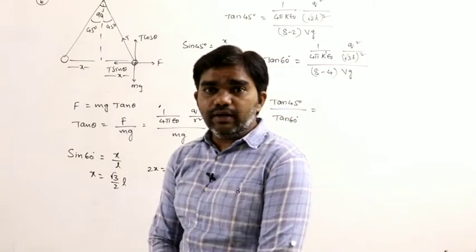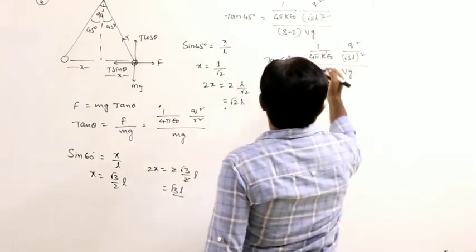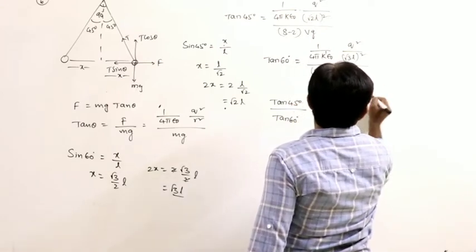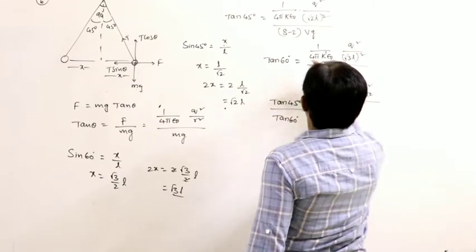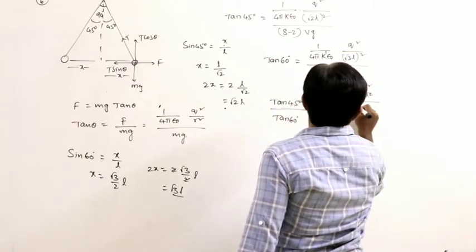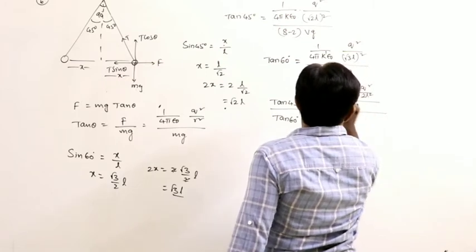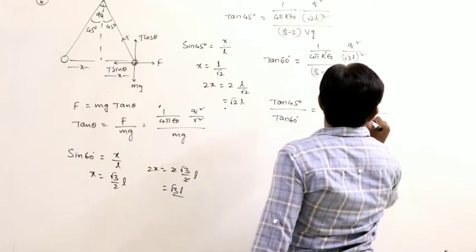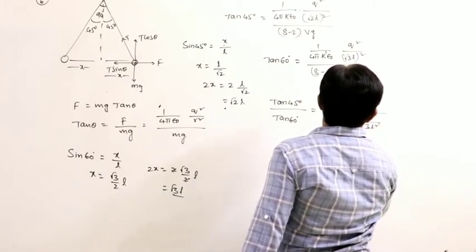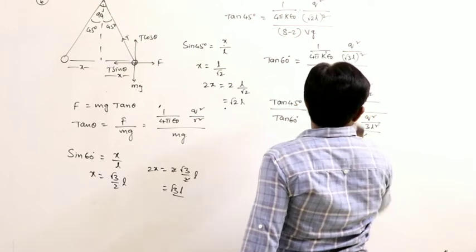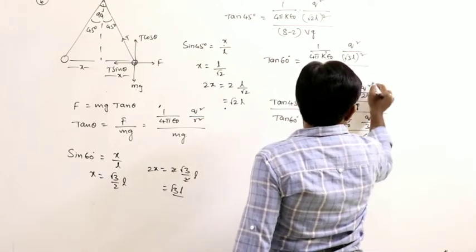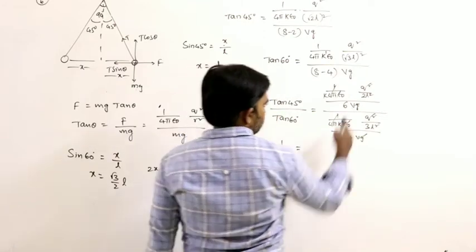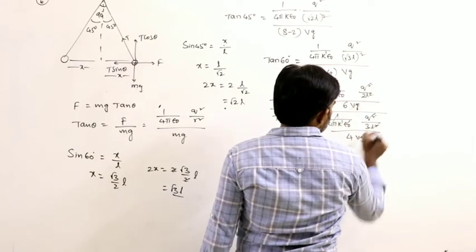Now 1 by 4 pi epsilon naught q square by 2 L square divided by 6 Vg, divided by 1 because it is k, 4 pi k dash epsilon naught q square by 3 L square divided by 4 Vg. Cancel, 1 by 4 pi epsilon naught cancels, q square cancels, 1 by root 3 is equal to, here it is 2 L square, L square also cancels.